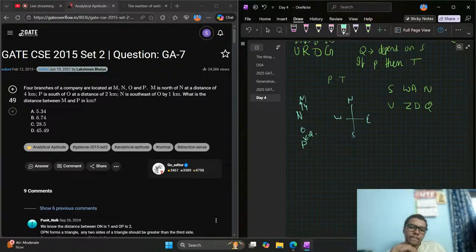N is southeast of O at a distance of 1 kilometer. What is the distance between M and P in kilometers? PO 2, ON 1, NM 4. What is the distance between M and P?